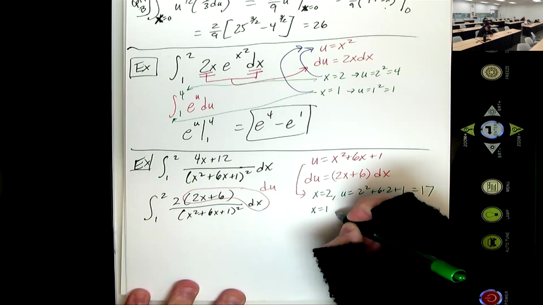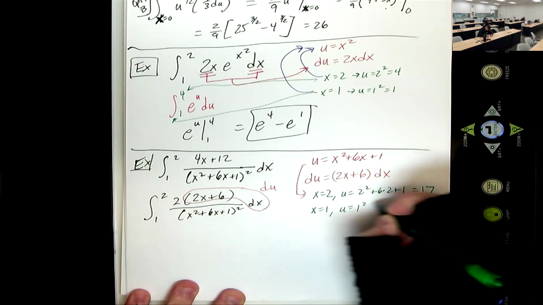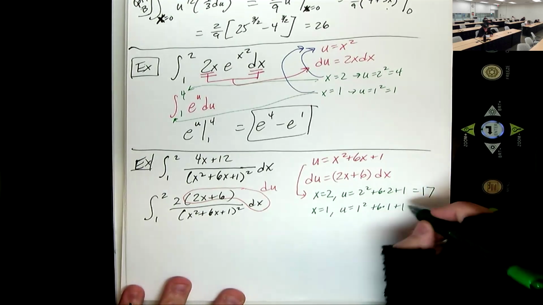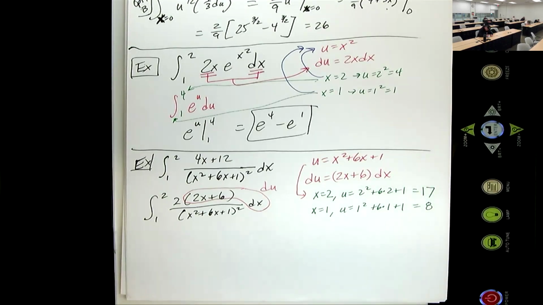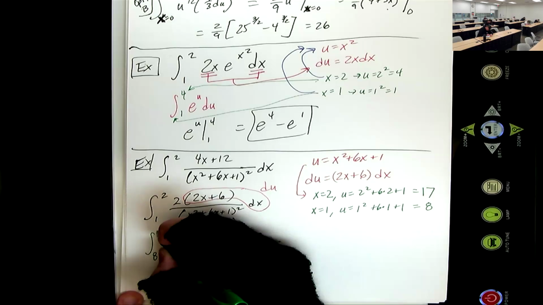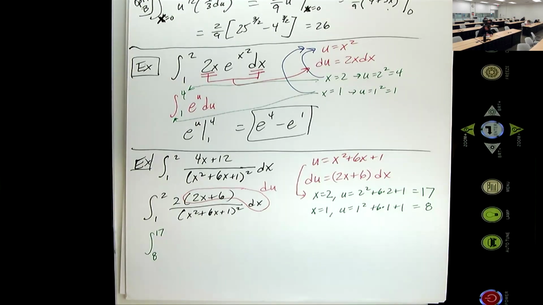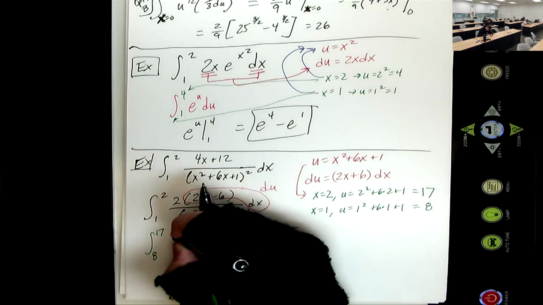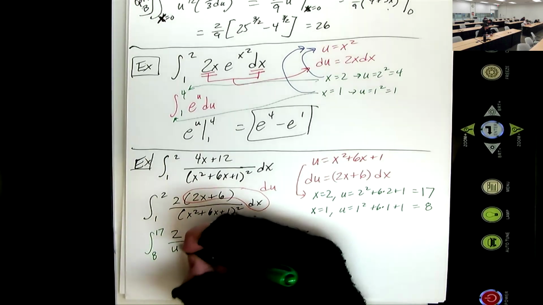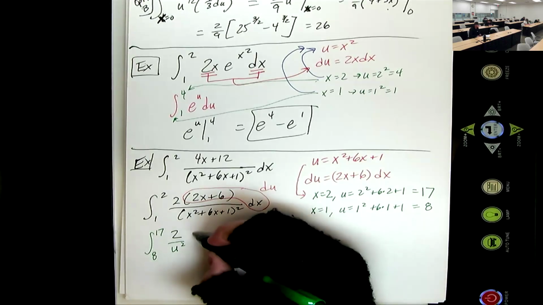When x equals 1, u equals 1 squared plus 6 times 1 plus 1, which is 8. So my interval changes from 1 to 2 all the way up to 8 to 17. I have my old 2 there, that 2 is still there. This is now a u squared on the bottom, and we have a du.